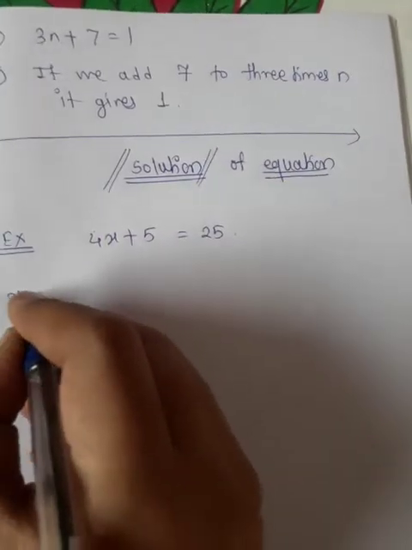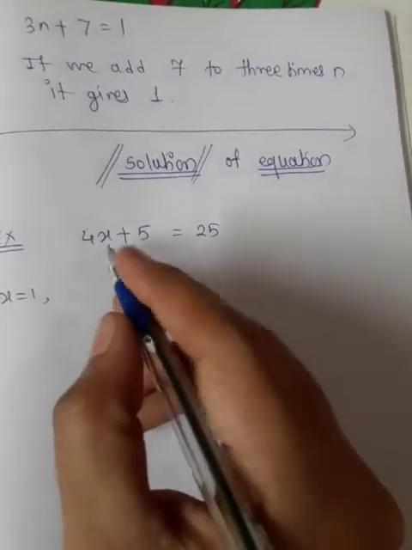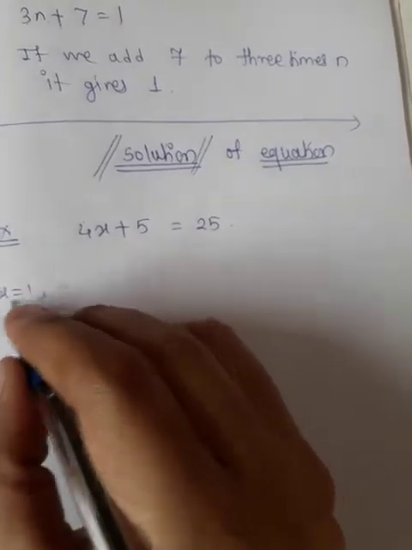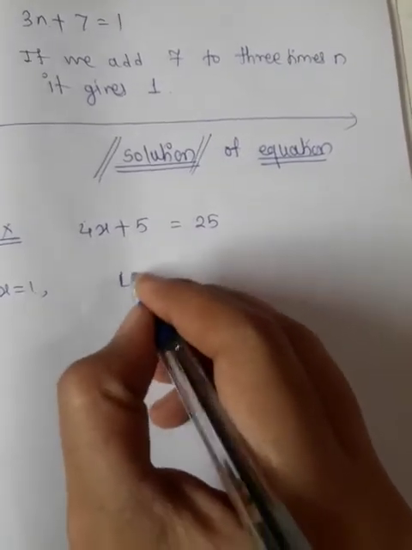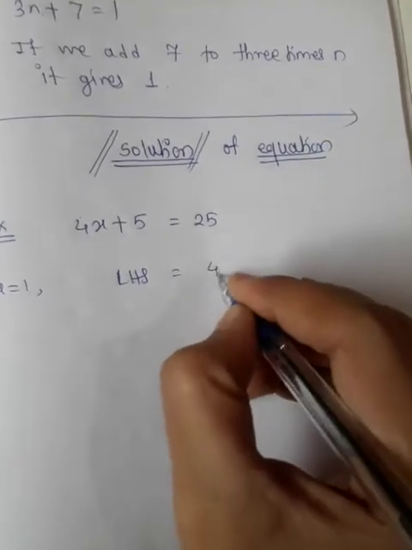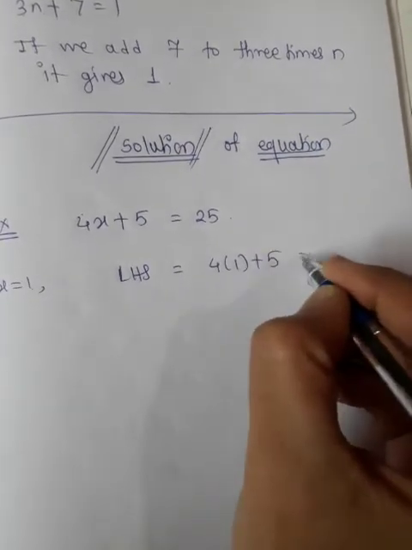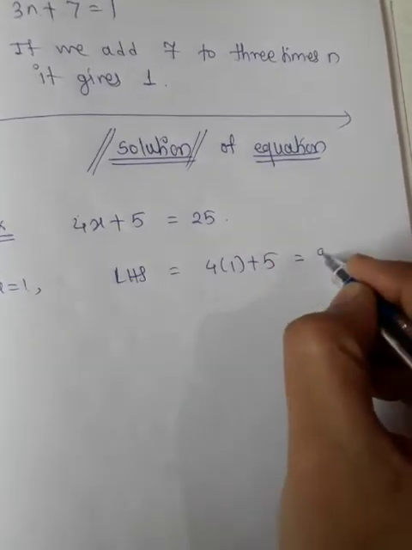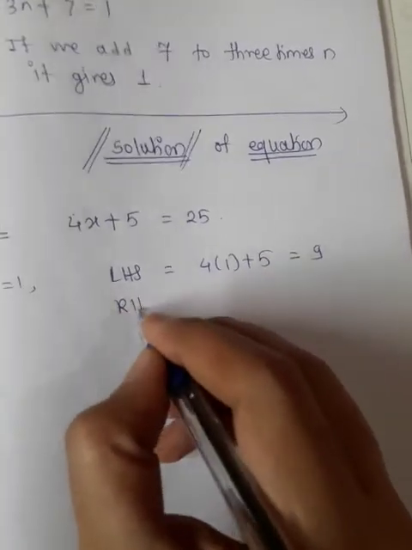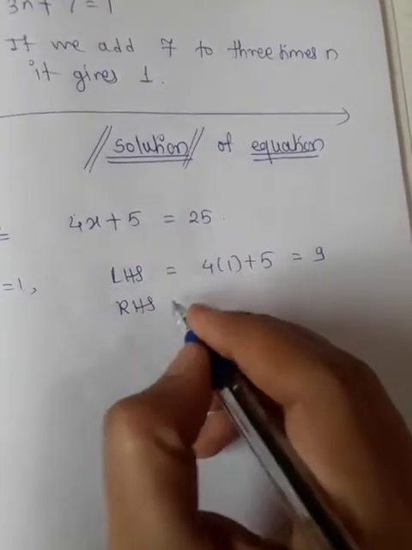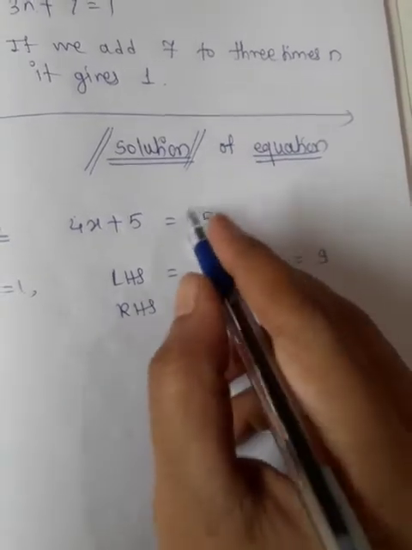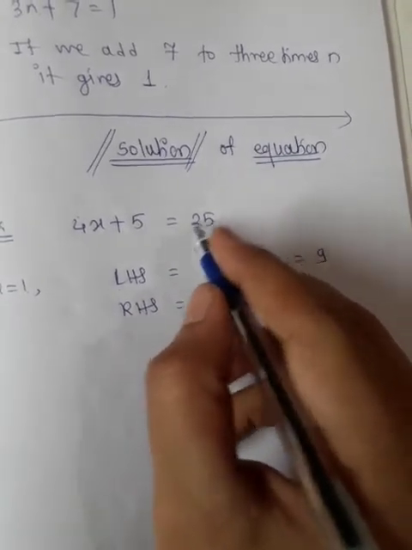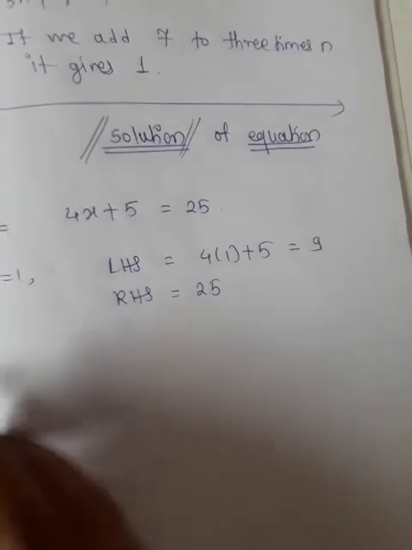Now see, if we put the value of x as 1, then the value of LHS is 9, and there is no x on the right-hand side, so it remains the same: RHS is 25.